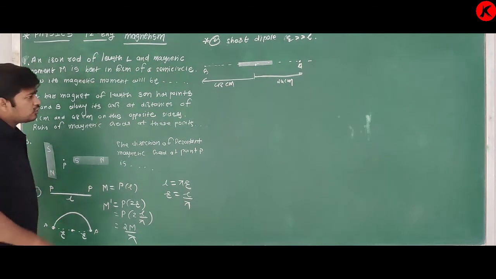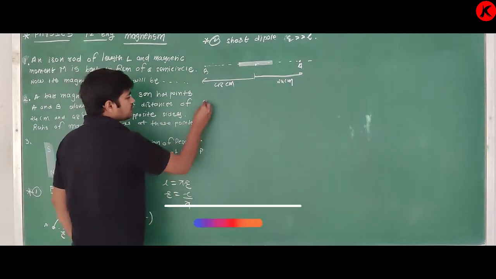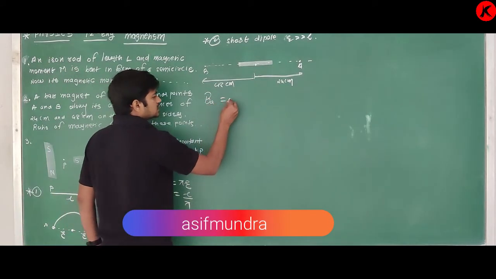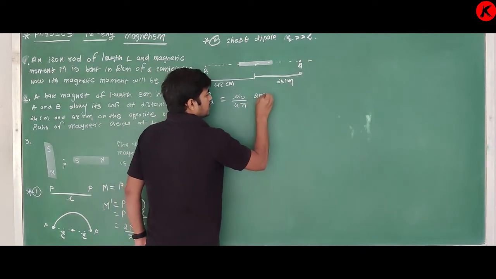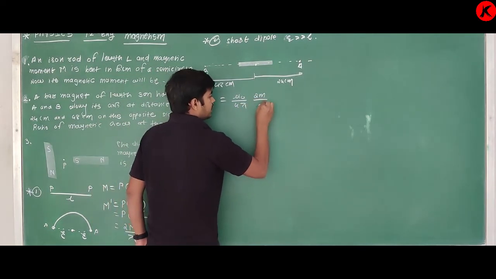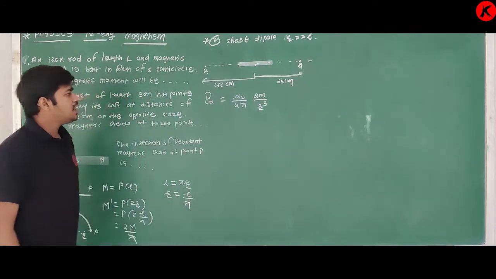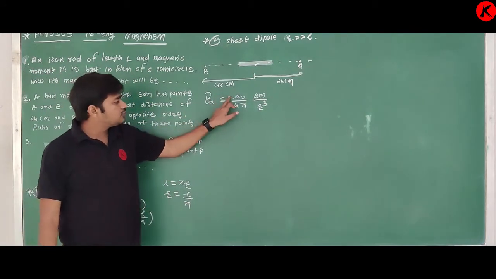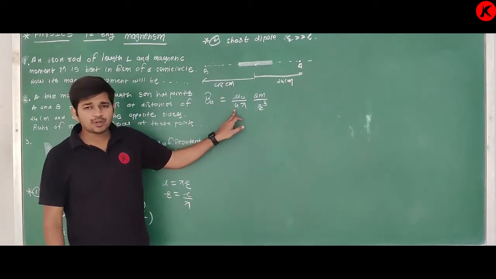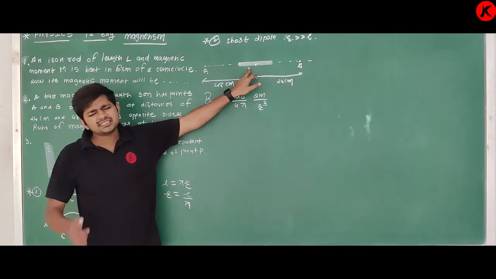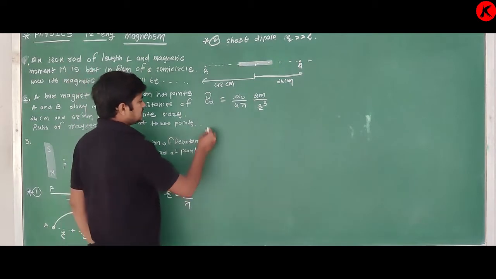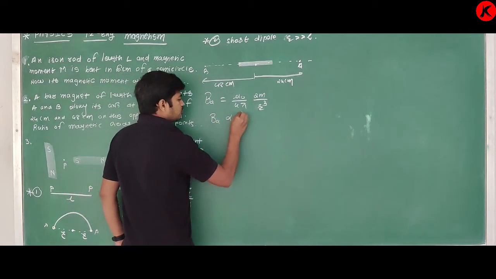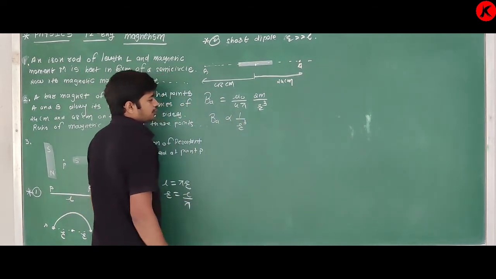As A and B are on the axis, what is the equation of magnetic field on the axis? It is mu 0 upon 4 pi into 2m upon r cube. Now mu 0, 4 pi and 2 are constants, and the magnet is the same, so the magnetic moment is also the same. Distance changes, so the magnetic field is proportional to 1 upon r cube.